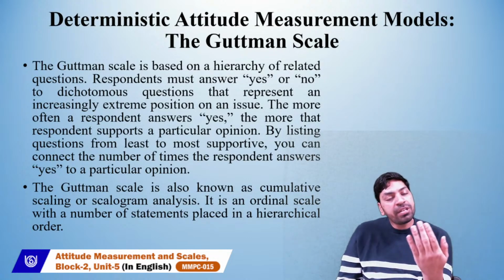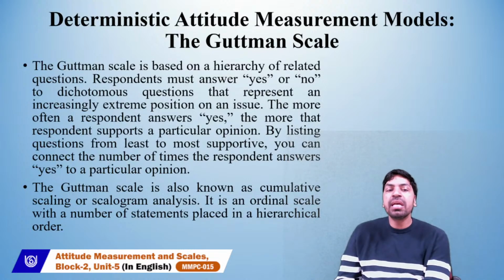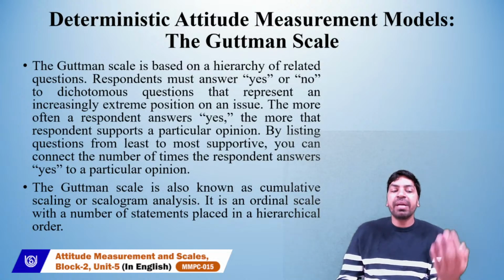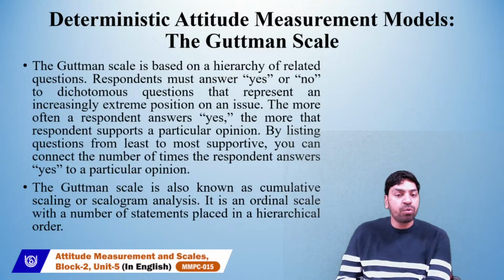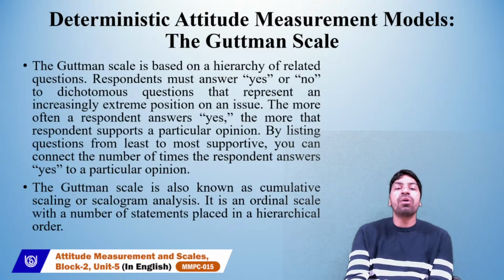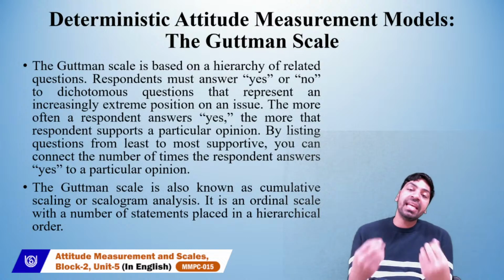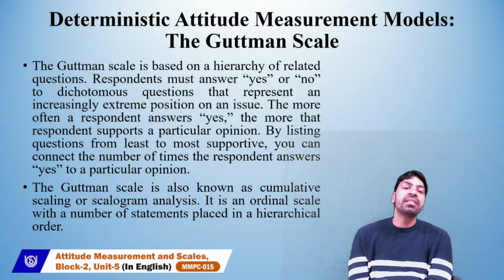So a researcher has a list of questions, and whatever options are available, it would be yes or no. That means any statement or opinion is mentioned in the form of a question, and the option is yes or no. That scaling is called the Goodman scale.